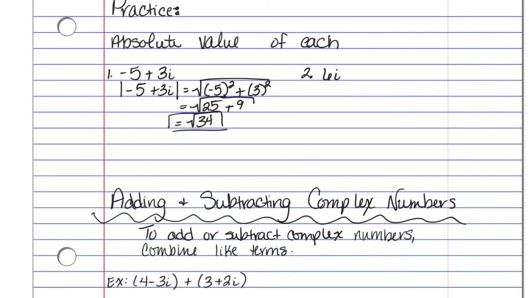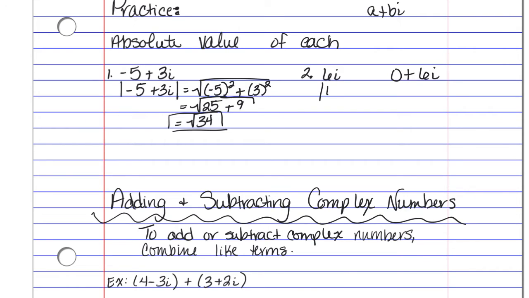Let's try number 2, just 6i. If I was to rewrite this using an entire a plus bi, so using a complete form of complex numbers, I do not have a value for a, and so in this case we could also rewrite this as 0 plus 6i to assign a value for a.